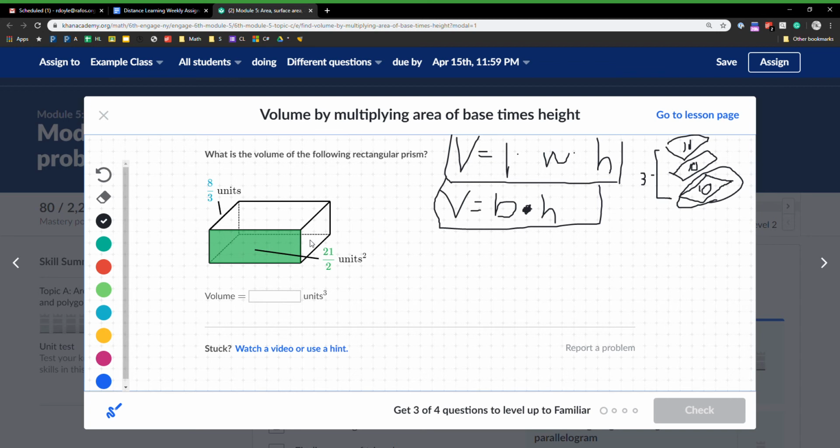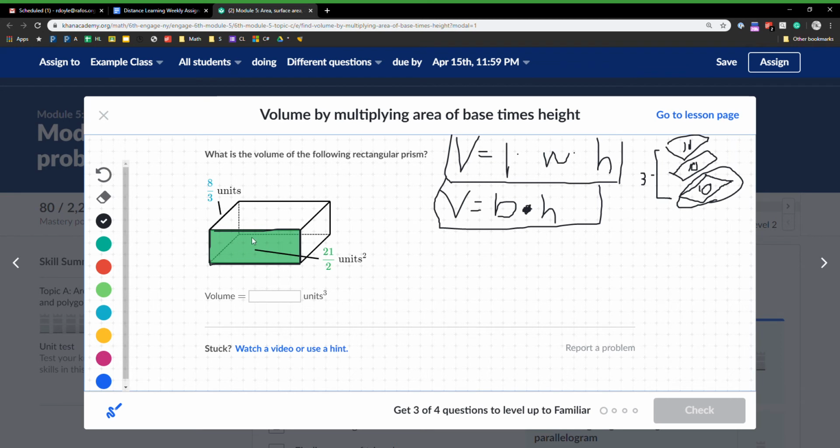With these ones, they are highlighting in green what the base is, and notice they're calling this the base right here. You might be thinking, isn't this thing down here the base? Because it looks like it's sitting on that piece, but they're giving you a side to use as the base.